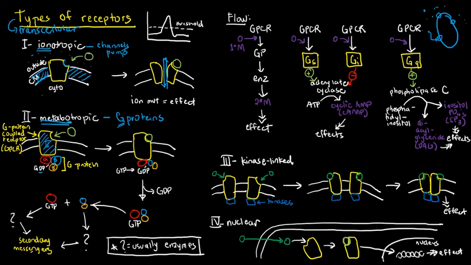So there's some kind of substitution reaction going on. The GDP, goodbye. So we get rid of that. And then the GDP here is replaced by GTP. That is what happens once our drug binds to the receptor.